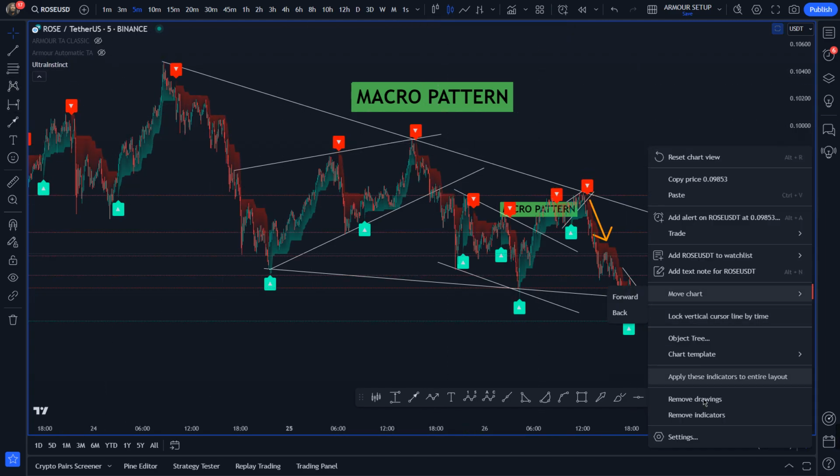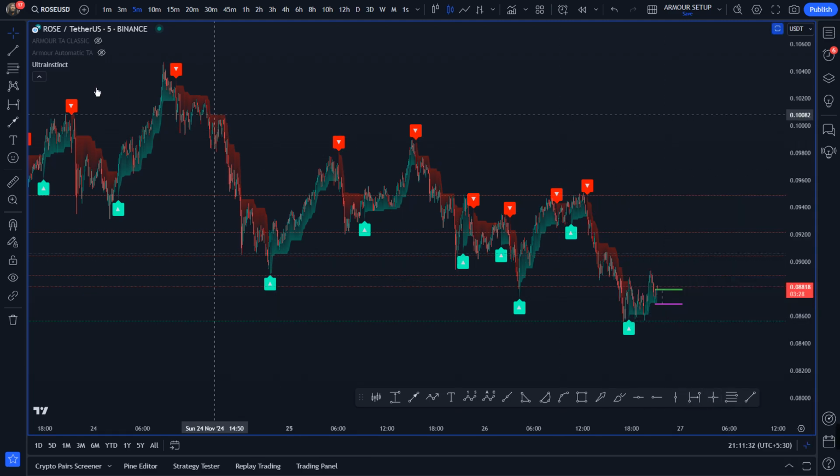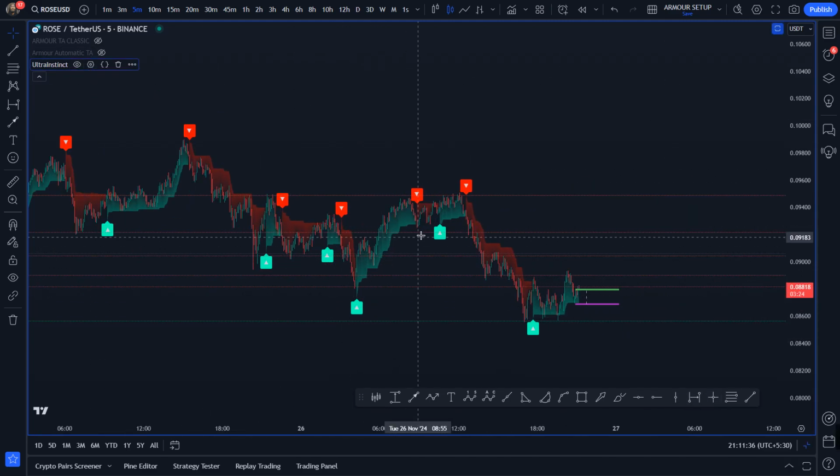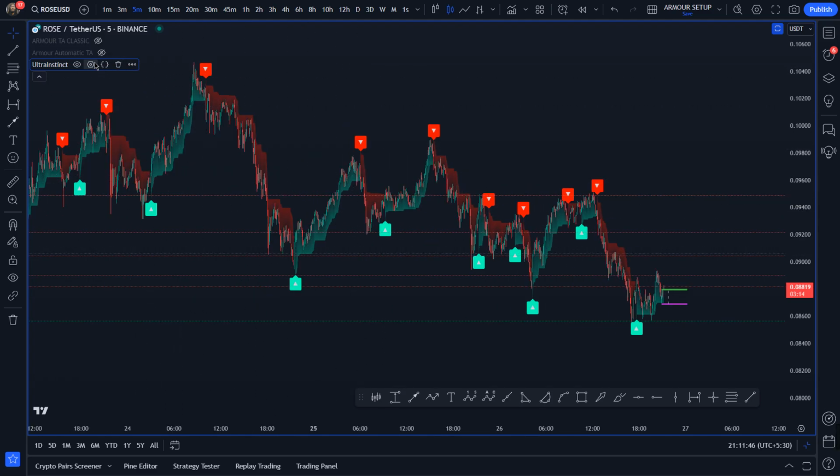And what else do you get in this indicator? You get support resistance here. You just have to highlight support resistance. You can just go to settings. Okay, let's go to settings, come on.